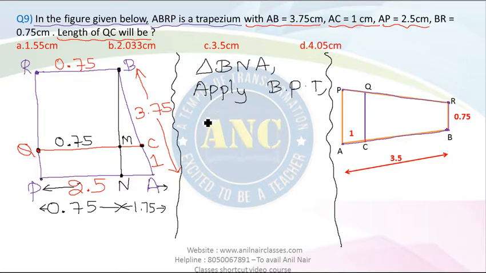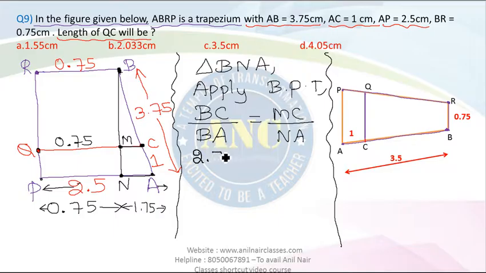Basic proportionality theorem says that for triangle BNA, BC divided by BA, that means smaller side divided by larger side, is nothing but equal to smaller side MC divided by larger side NA. I hope I am making sense. Corresponding sides are proportional. That is what basic proportionality theorem says.